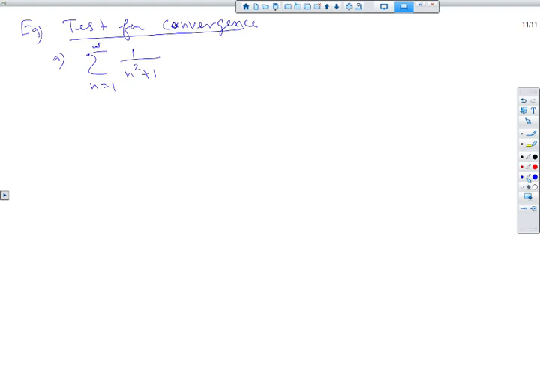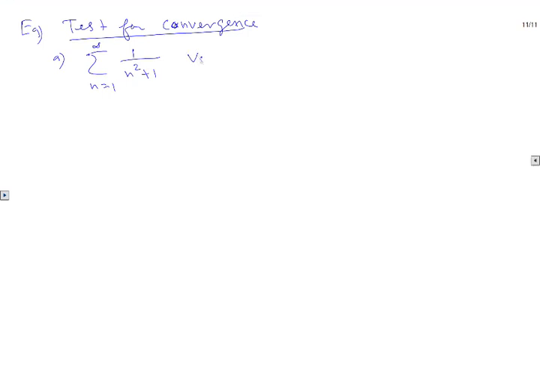The dominating term of the numerator is 1, and the dominating term of the denominator is n squared. So we're going to compare this with 1 over n squared.